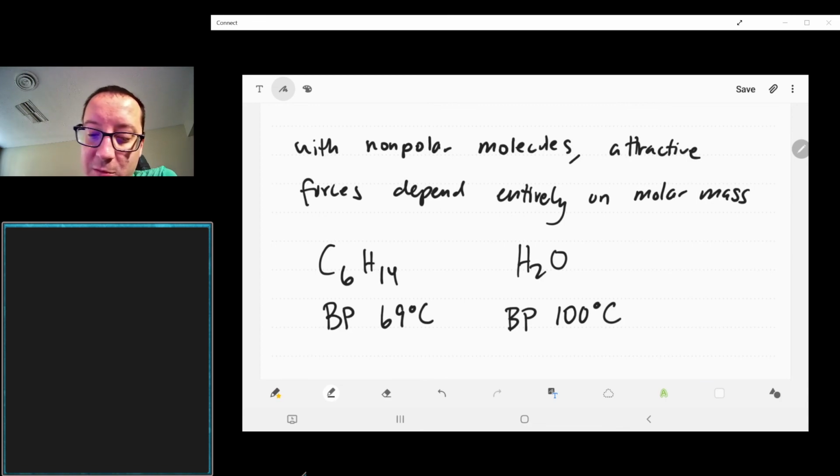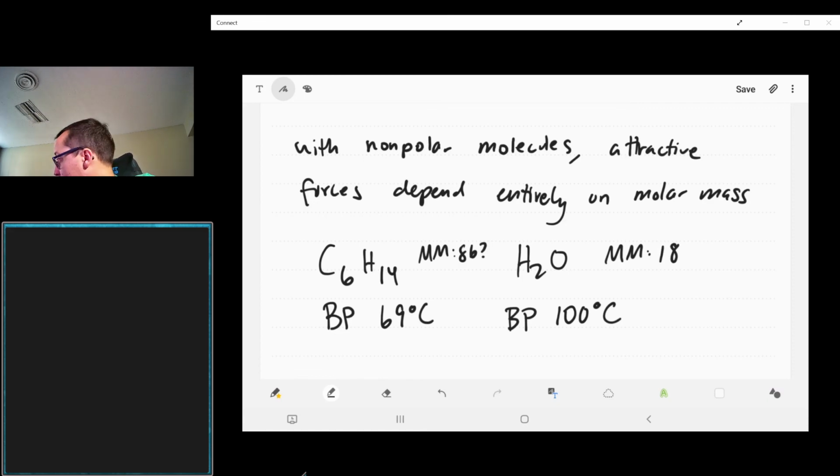The molar mass of hexane is 86 or so grams per mole. The molar mass of water is 18 by comparison. However, hexane can only do London dispersion forces. Our water can also do hydrogen bonding. Because hydrogen bonding is a much stronger attractive force, even though water weighs so little, it'll still have a very high boiling point.